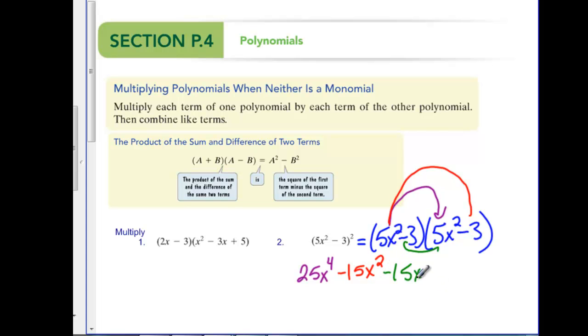Negative 15x squared. And then our last one, we're going to do the negative 3 times the negative 3. Positive 9. We need to combine like terms anytime we can, and this time we can. So the 25x to the fourth stays. There we go. Negative 30x squared. Thank you. And then just the plus 9, right? That one okay?